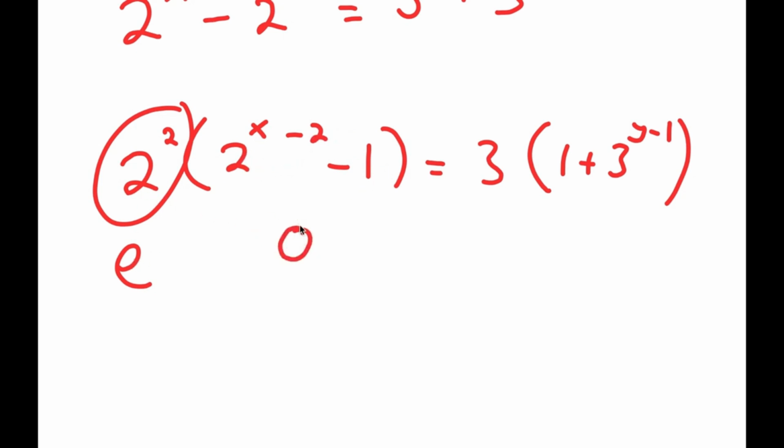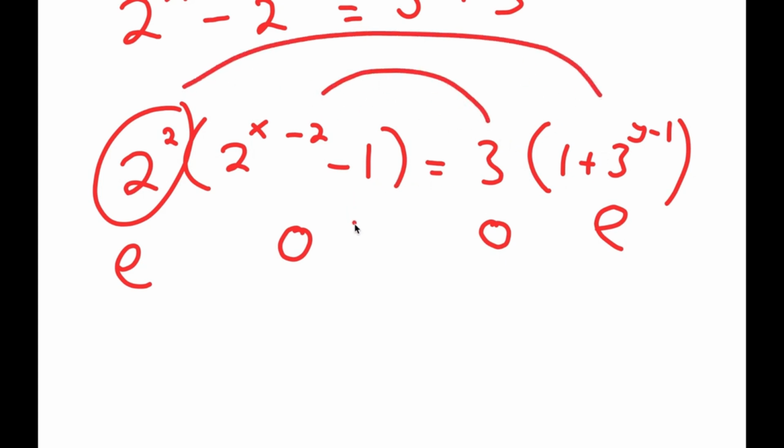So we have an even number times an odd number is equal to 3 is an odd number, times 3 to the power of any number is an odd number, plus an odd number plus 1 is an even number. So you have an even number times an odd number is equal to an odd number times an even number. Now, what I'm going to do is set the odd numbers equal to each other, and then the even numbers equal to each other.